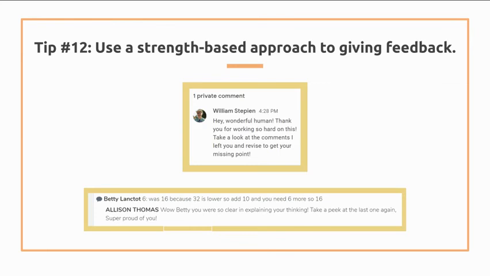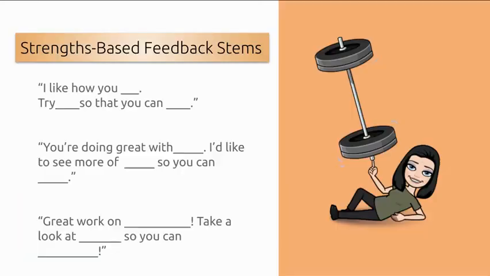Start by thanking them for their efforts and identifying something they did well. Then ask them to try again, identifying specifically what you would like them to add or change. The message students receive is that if they try again, they will feel a sense of accomplishment rather than give up for fear of failure. Here are some great sentence stems to use in your feedback.